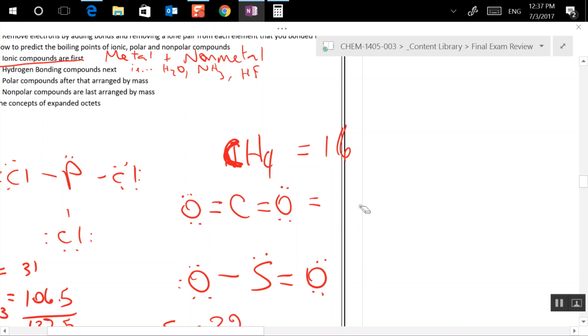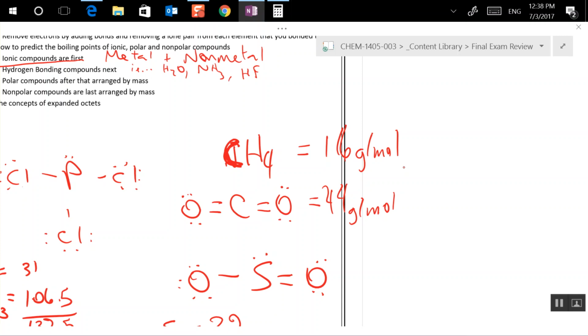Carbon dioxide is 44 grams per mole. Okay? So which one has a higher boiling temperature? CO2. Okay? It's higher on the list.